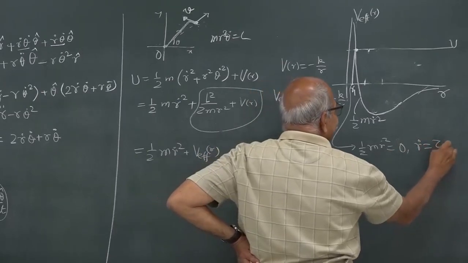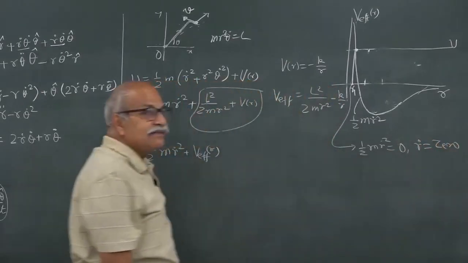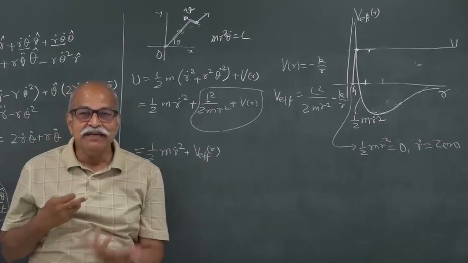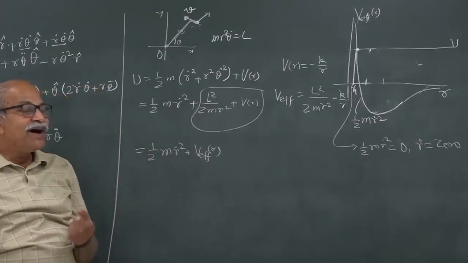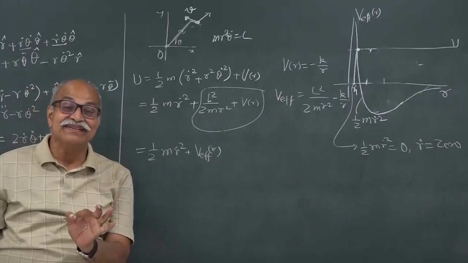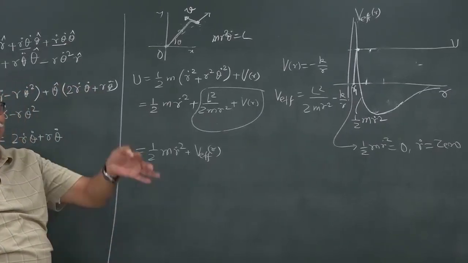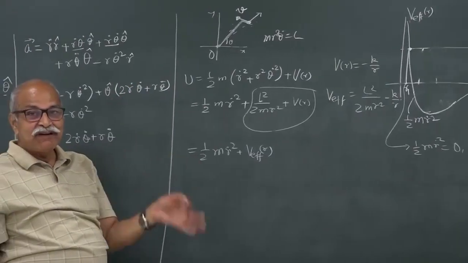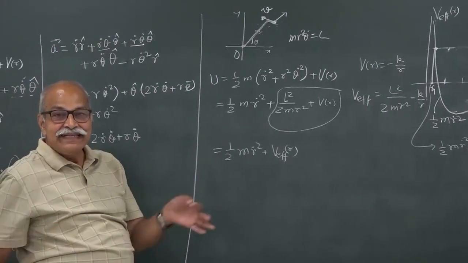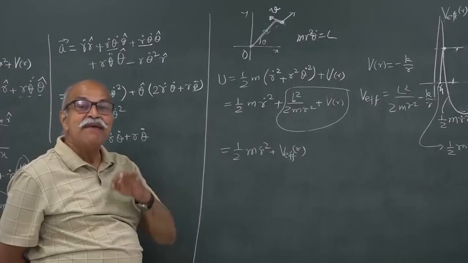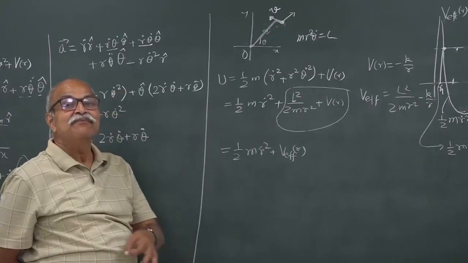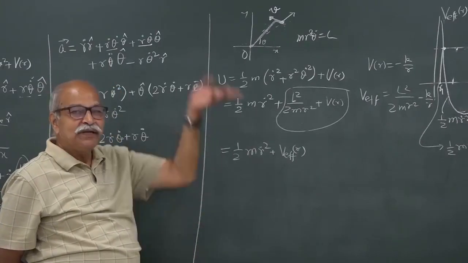What does that mean? That means dr/dt is 0. r is a function of time, and dr/dt being 0 means it can be a maximum or a minimum or a point of inflection.